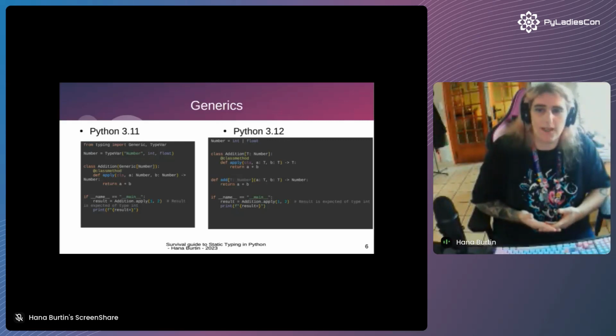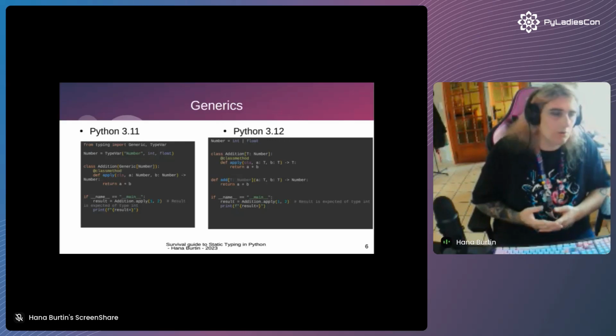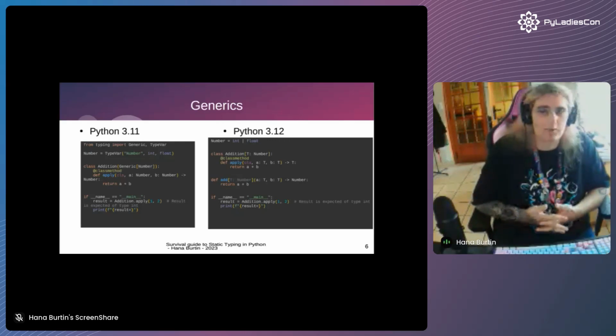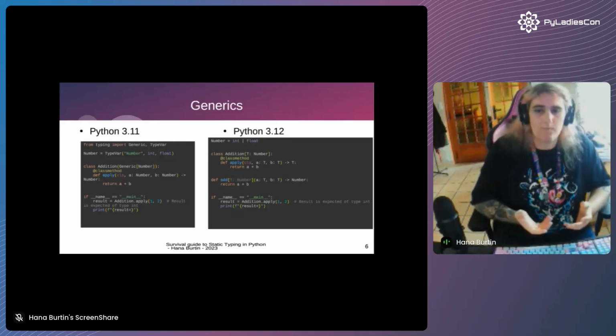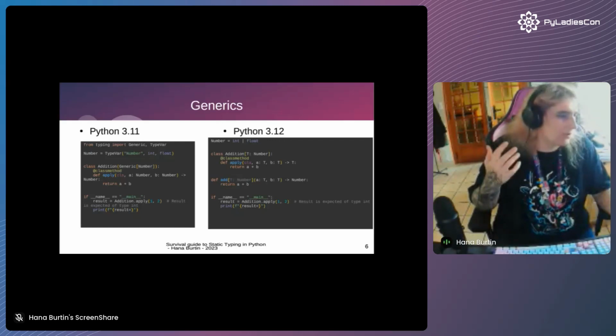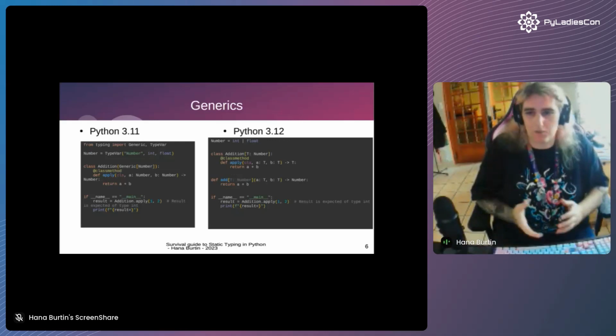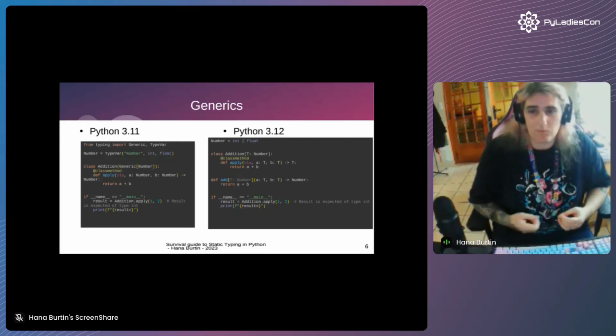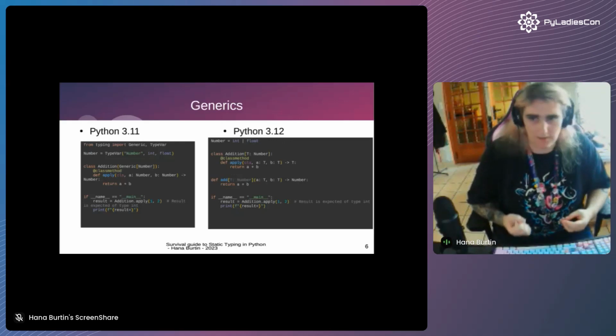You don't have to write one class to do an addition on floats and one to do an addition on integers, because both types have the plus operator. So that's easy. The example is really simple for you to get an understanding of what is going on, but you can have more complex types in it.